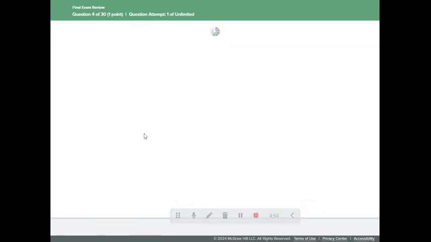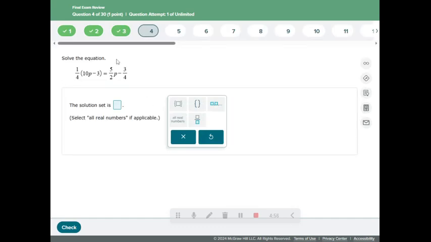Problem number 4, solve the equation. So the first thing we want to do is multiply our 1/4 times everything within the parentheses before we start solving the problem. I had a bad habit of just multiplying this all by 4, and that gave me erroneous numbers.